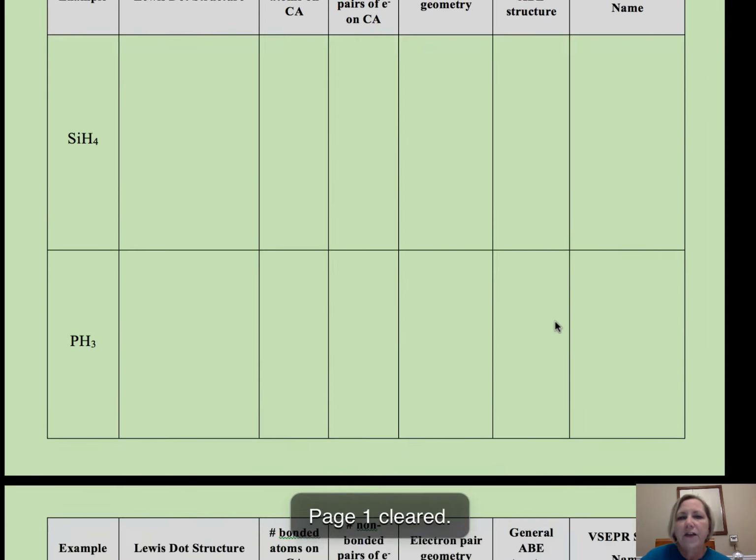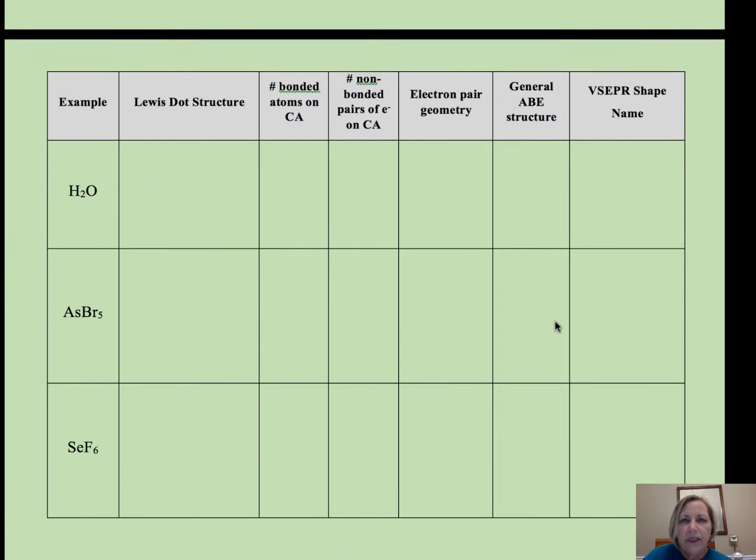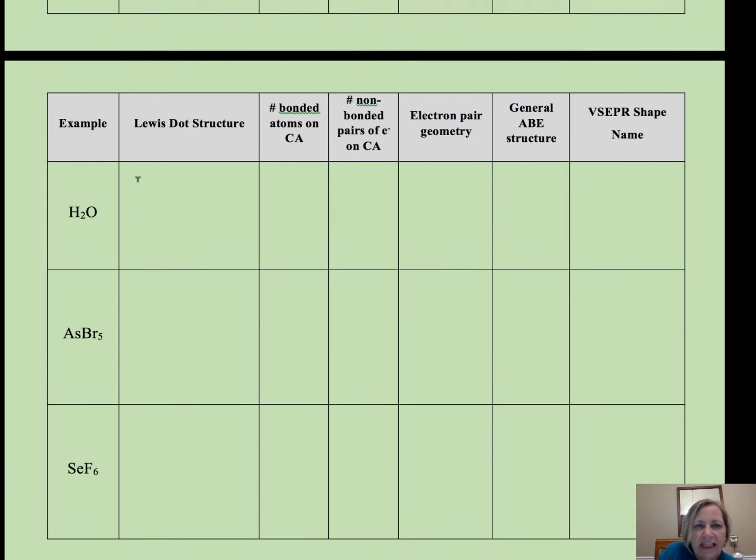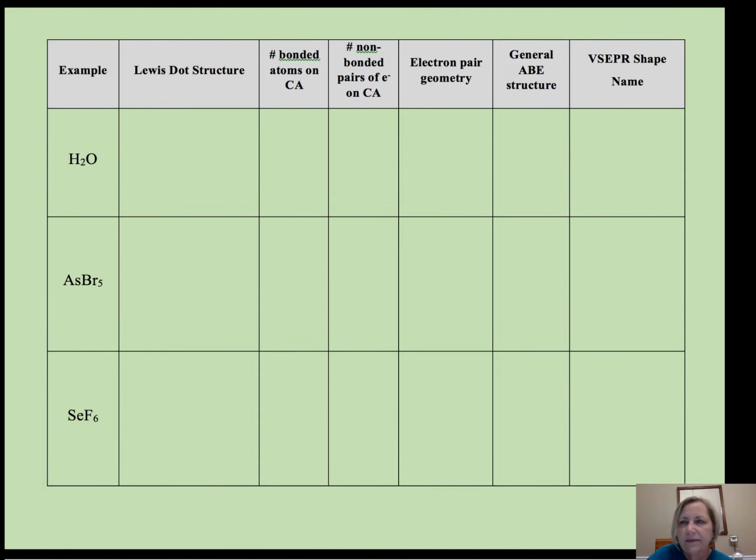Okay, let's try another one. This one, the ubiquitous water. So I have HOH. Now, I'm going to bend this a little bit. You would not normally do that if you did your Lewis dot, but I want to make a point with this.